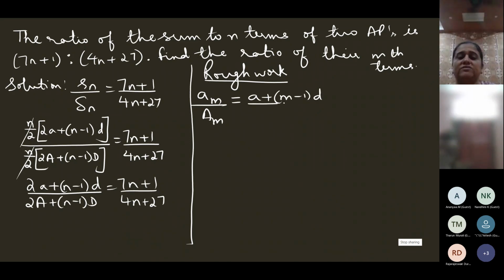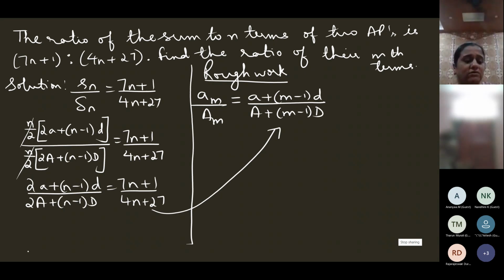Small letters in the numerator, capital A plus m minus 1 capital D. Very good. So now continue. Now what do you have actually? You have 2a. You want to compare this and this, but you're not able to compare because you have 2a here and a here. So what will you do to compare?